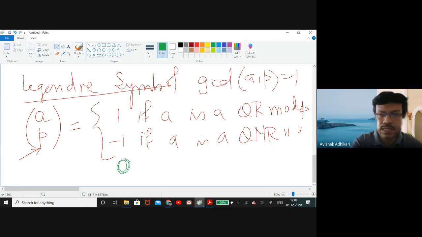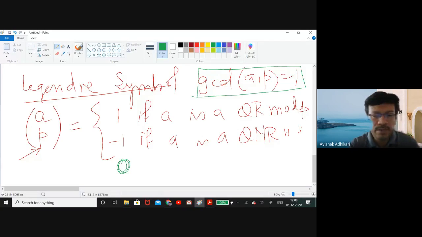In that case, they put the value equal to 0 if P divides a. That means in that case, a and P are not relatively prime. But in my book and in many books, they don't consider this case where P divides a. So to avoid that case, we have assumed that GCD of (a, P) equal to 1. So in our definition, we don't have this 0.